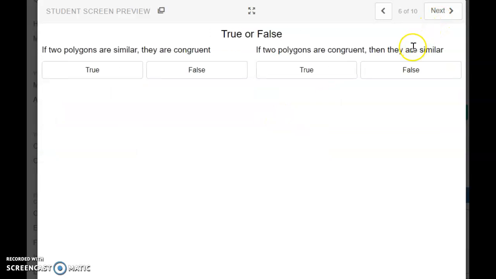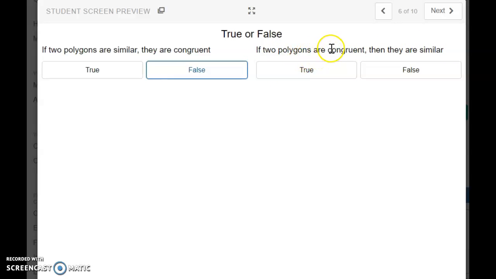And finally, if two polygons are similar, are they congruent? If two polygons are congruent, are they similar? True or false? If two polygons are similar, are they congruent? Not necessarily. They have the same corresponding angles, but the side lengths may be different. So it's false. If two polygons are congruent, then they are similar.